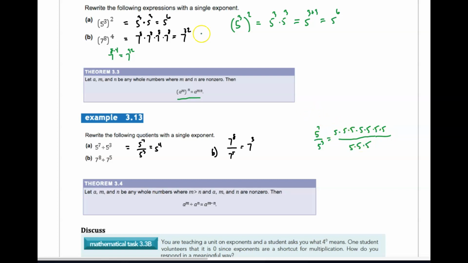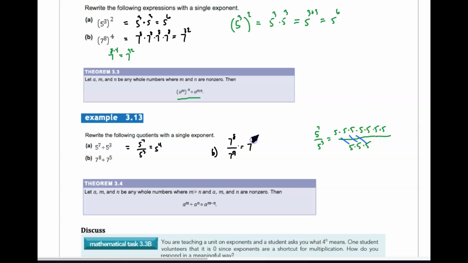What ends up happening is, see how they match up? There's this one-to-one correspondence, and that's what's really getting subtracted out.